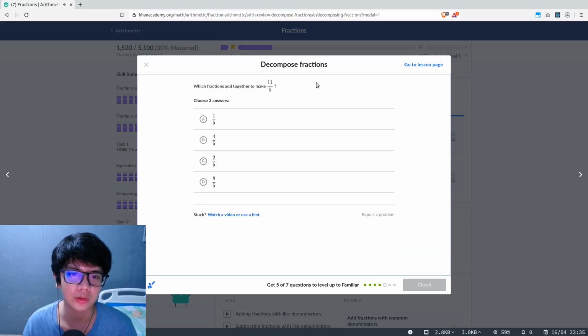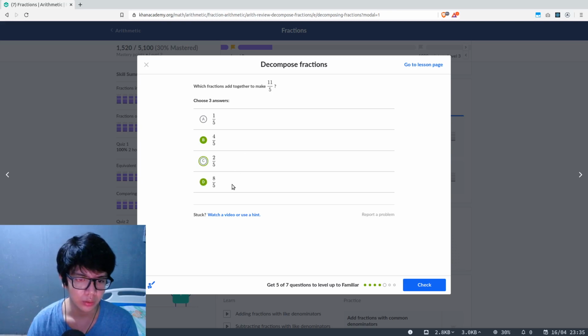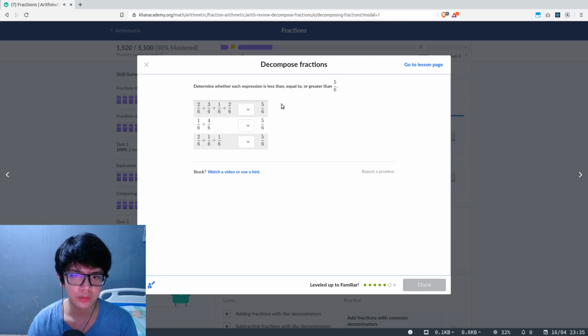Which fractions add together to make 11? Okay. This is 6. Okay. This is 5 sixths, greater than, is equal, and this is greater than as well.